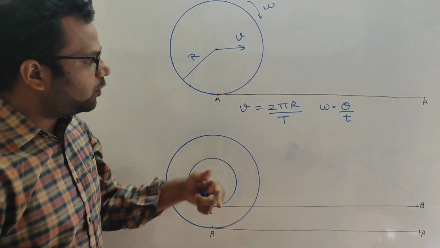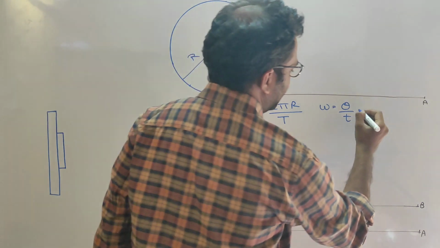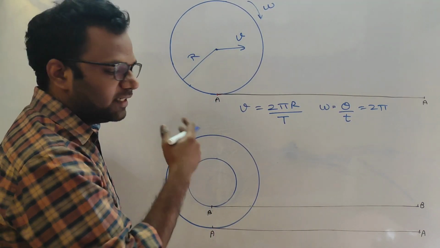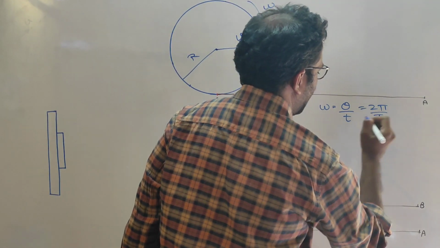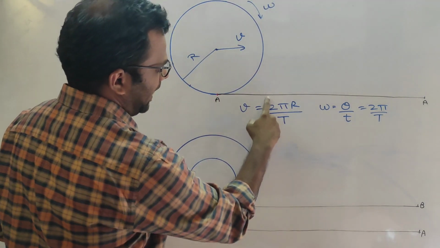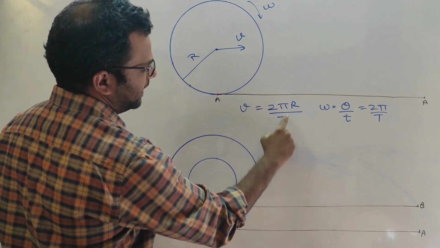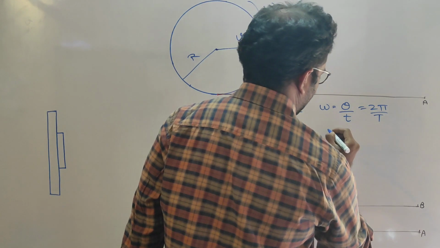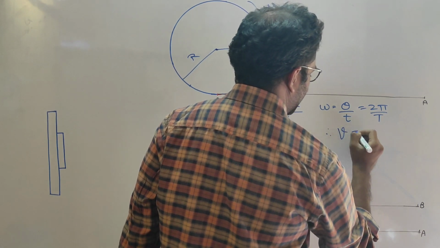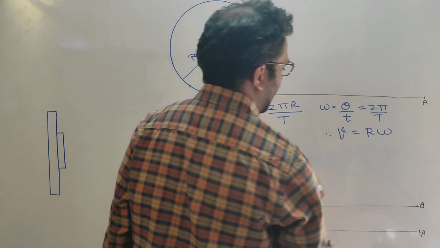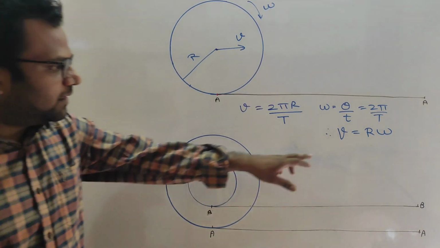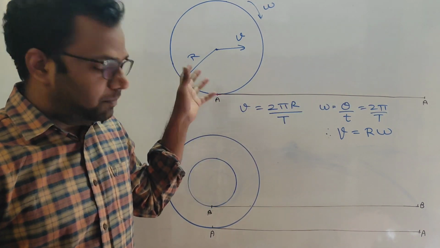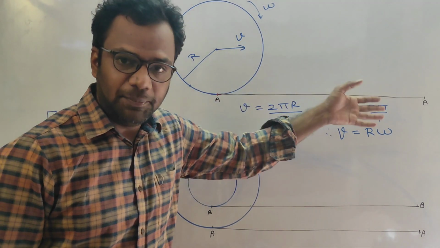For one complete rotation, the angular displacement is 2 pi, and it has taken capital T time, so 2 pi upon capital T. Now 2 pi upon capital T can be written as omega. So v can be written as omega into r, or as it is generally written, v is equal to r omega. So this is the condition for pure rolling, or rolling without slipping.